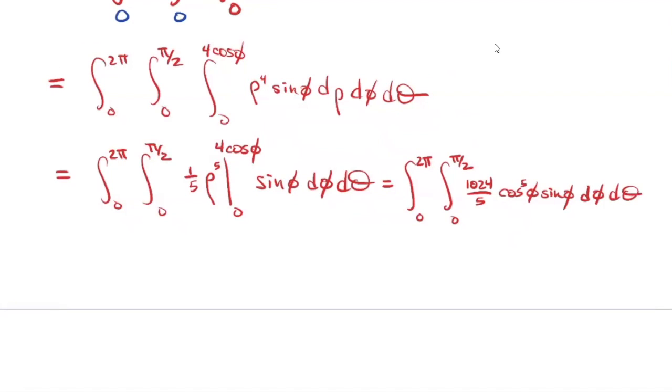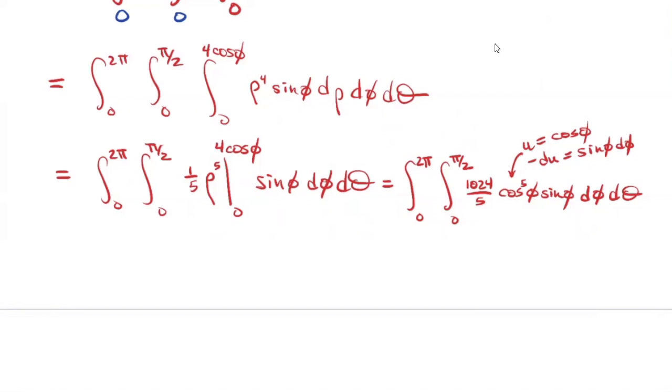I always like to do substitutions when I have stuff like this. Other people do substitutions in their head. But let's say u is cos phi. Then negative du is sine phi d phi. You may remember that when a Jacobian comes out negative, your limits get reversed.